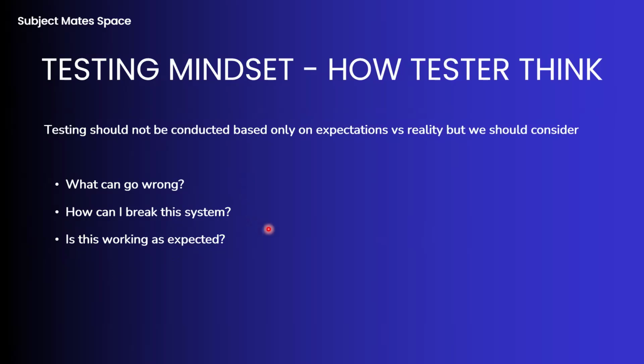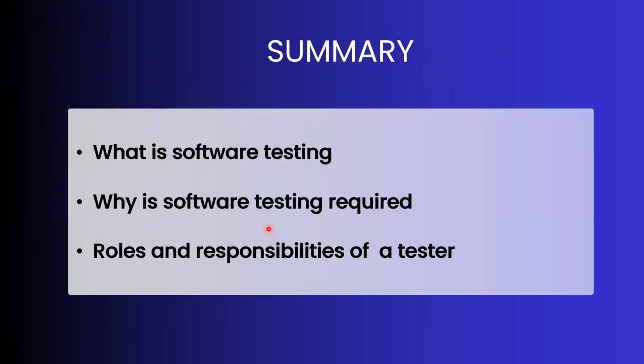So that was it for today's class, where we have understood what software testing is using a simple story, why software testing is required, and what the roles and responsibilities of a tester are. Just to summarize, software testing is nothing but checking whether the software is good or not, and whether it is working correctly or not.